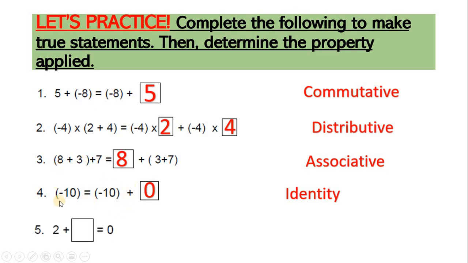For the fifth one, 2 plus blank is equal to 0. That is negative 2. Okay? So since sila ay additive inverse, diba? Si 2 and si negative 2, then therefore the property being applied is inverse or the additive inverse.